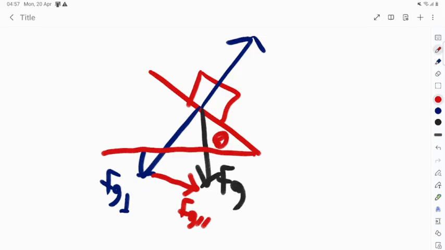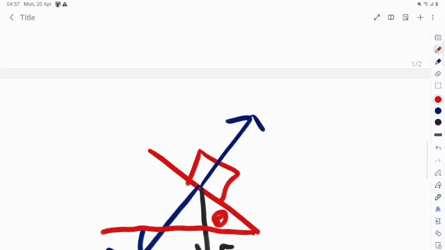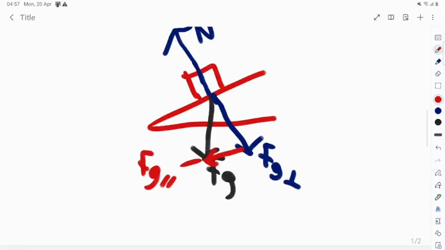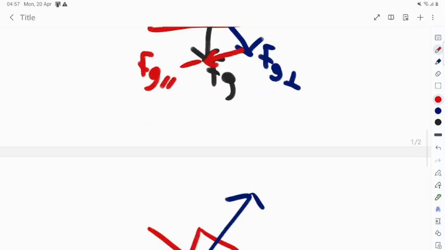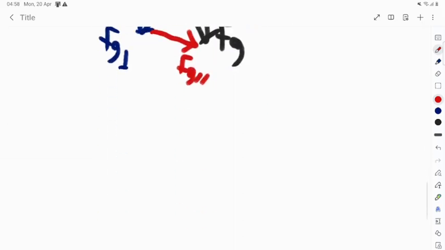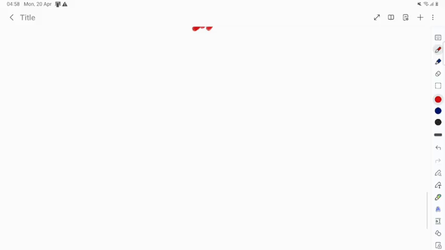If there ever comes a scenario where you are calculating and you notice that your Fg parallel is going up the incline, then you should go back and check again, because Fg parallel is always down the incline. Same as you see in this scenario. Just make sure you notice that. Others will better explain them when you go into questions.